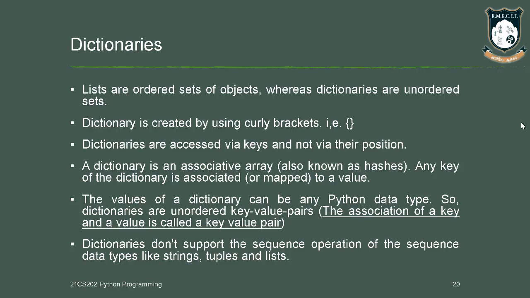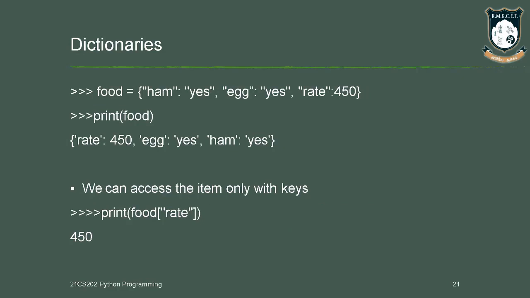All the values are associated in the format of key-value pairs. You have a key, and for that key you have a value, so an associated key and an associated value will be there. The operations we carry out on strings, tuples and lists, we will not be able to do with dictionaries. Dictionaries do not support the operations that we can carry out on sequence data types.